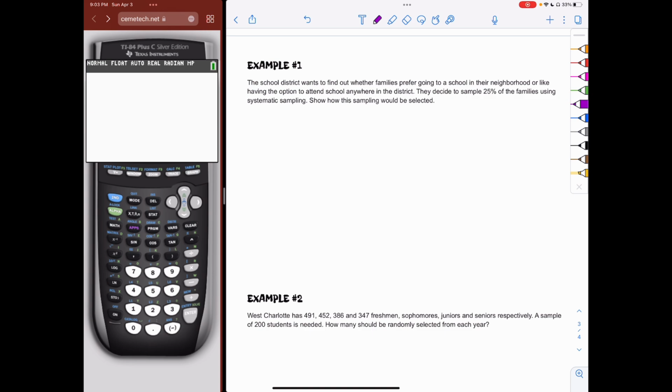Because they want to survey 25% of the families, that is equal to 25 over 100, or 1/4. So this is saying that every fourth family is going to be surveyed or sampled, okay?